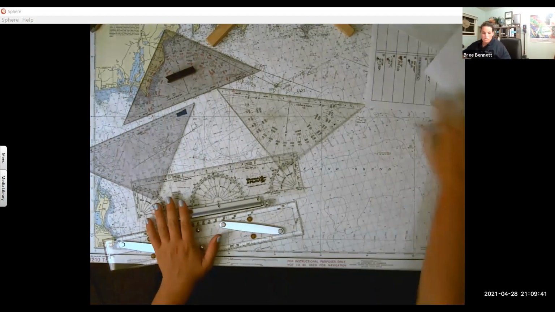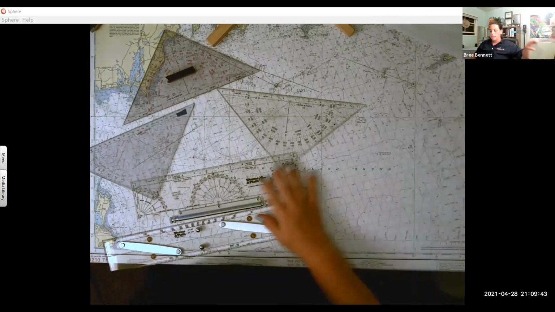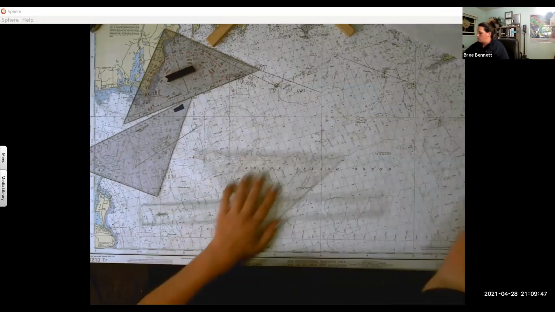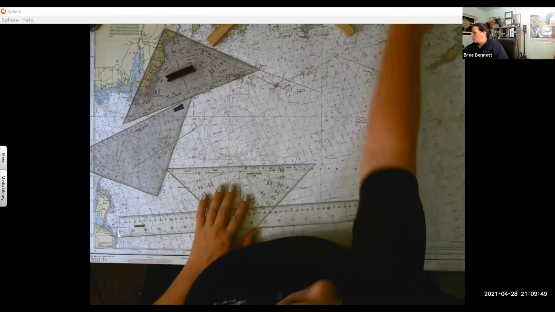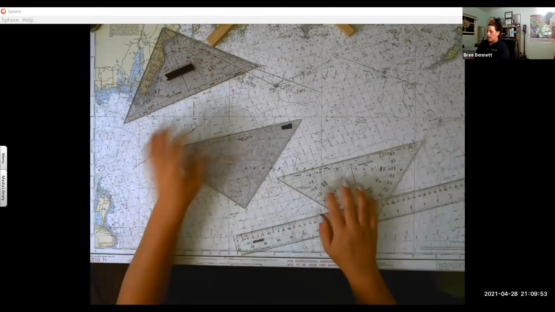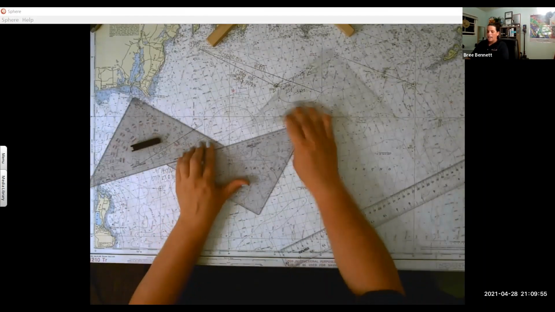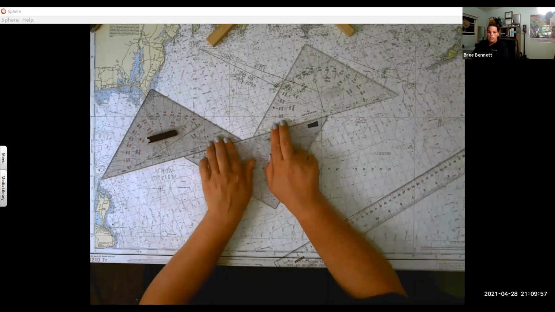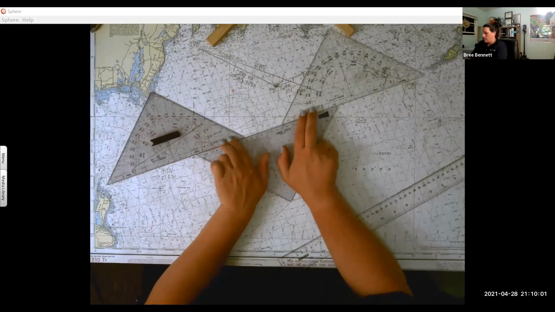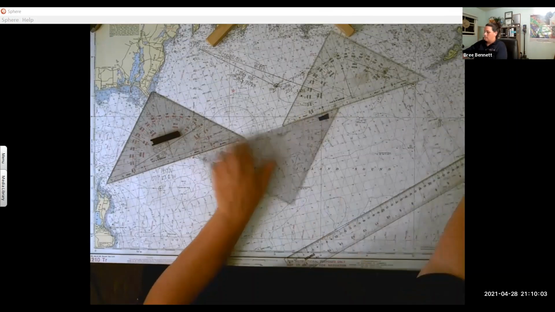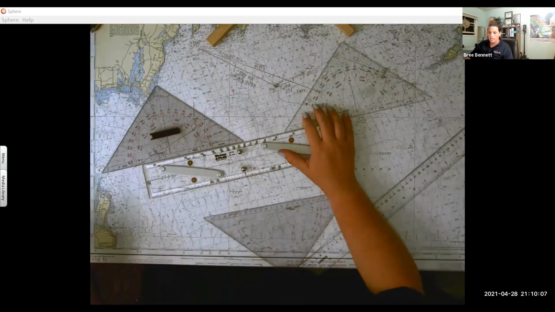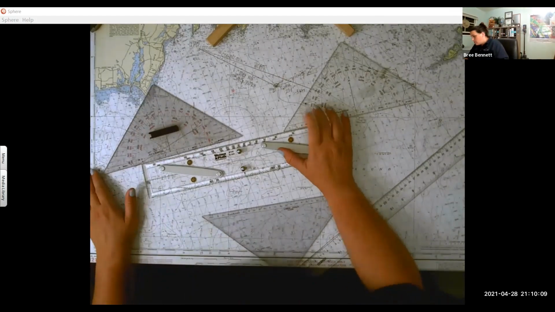So we want to draw across the chart. We can use a ruler, but I think in our homework assignment, we do one of these where we're going across the chart. So I like to extend out a line by using a couple triangles, or a triangle and a roll plotter, and what's the other one I want to use?